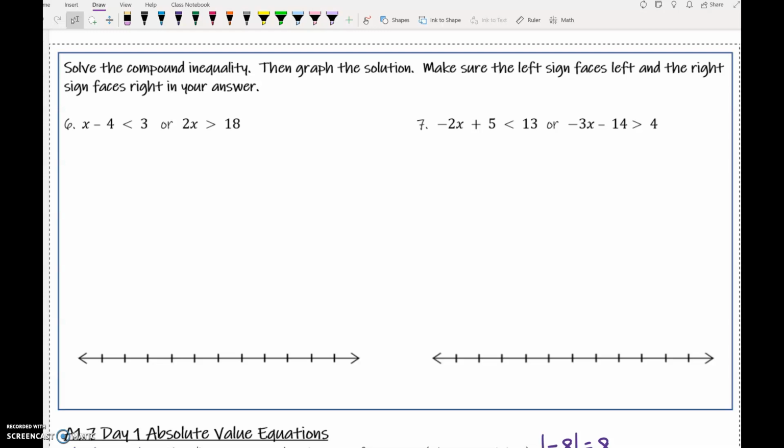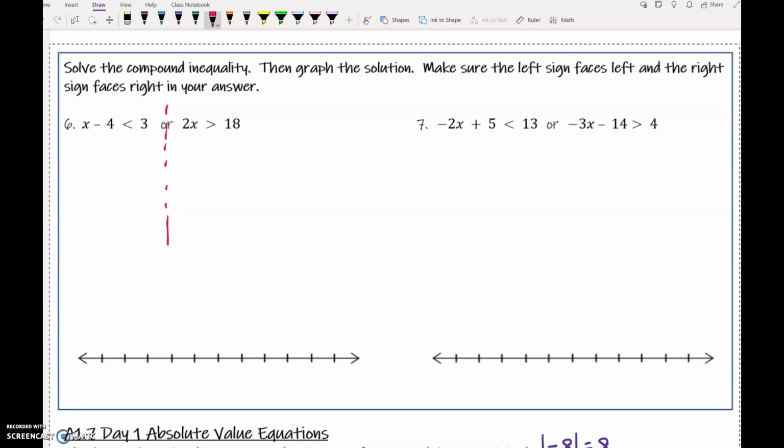And here's what goes through some students' heads. Or, all right, that one looks easier, so I'll do that one. This doesn't mean pick one. You still have to solve both of them. So the or does not mean pick one. You have to solve both. So you just have two separate inequalities that you need to solve.